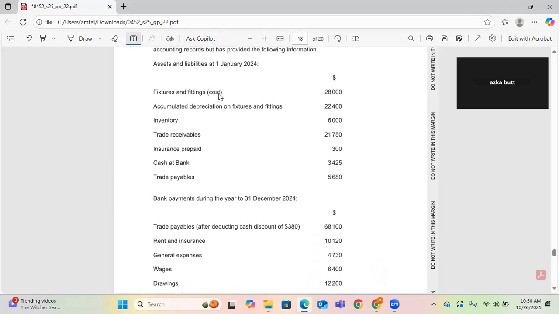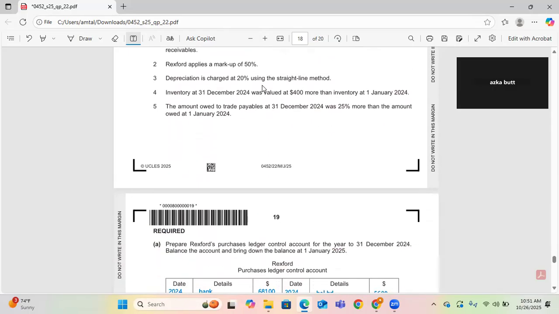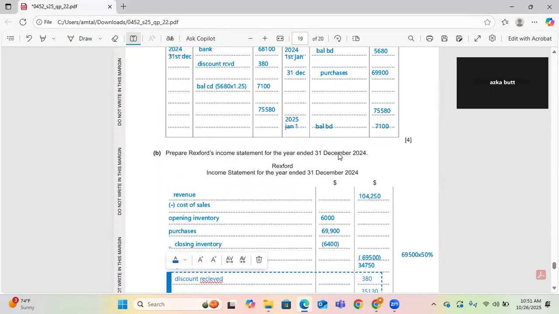As you can see, we have the fixtures and fittings only. This is the total depreciation till now. But since they are asking us to find the depreciation using the straight line method, we will simply multiply this 28,000 with 20%.